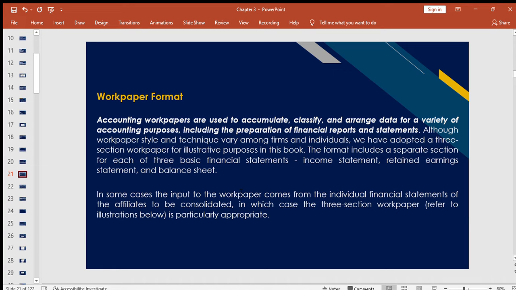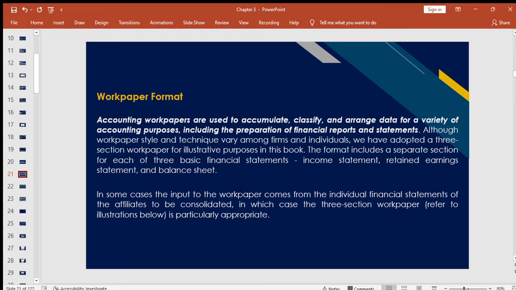Under the workpaper format, accounting workpapers are used to accumulate, classify, and arrange data for a variety of accounting purposes, including the preparation of financial reports and statements. Although workpaper style and technique vary among firms and individuals, we have adopted a three-section workpaper for illustrative purposes in this book.